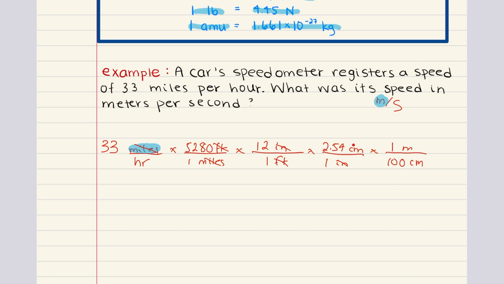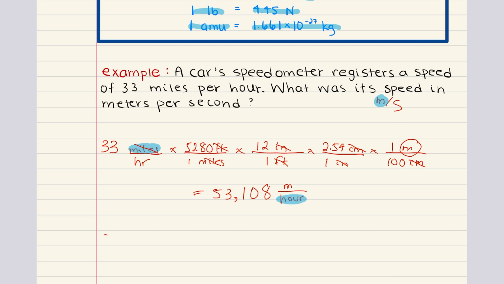So we get to cancel out our units of centimeter and we're left with units of meter. When we carry out this calculation, we get 53,108 meters per hour. Now that we have miles converted to meters, we can focus on converting hour to seconds.